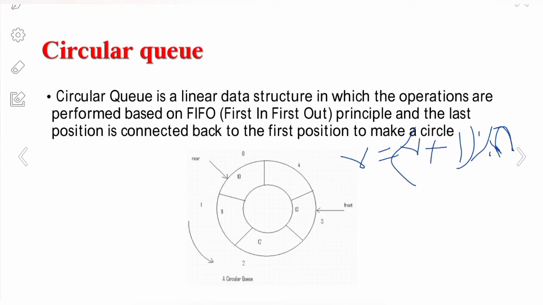Similarly, if you want to perform deletion of a data item, then front equals front plus 1 modulus n. This is the formula for the deletion operation.